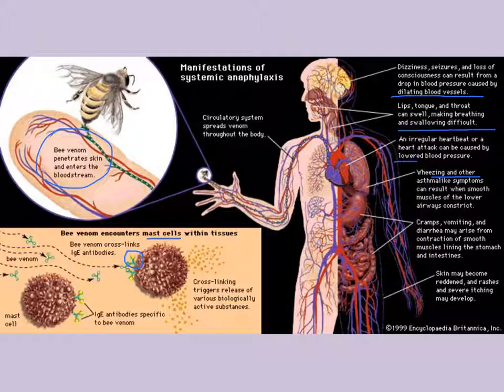The blood pressure, if it's lowered because the blood vessels have dilated, can then lead to an irregular heartbeat because the blood volume then is going to be affected. As the smooth muscles in the stomach and digestive area contract, just like the muscles contract in the respiratory system, then you can end up with pain and contraction in there. And then itching can also develop as a reaction.